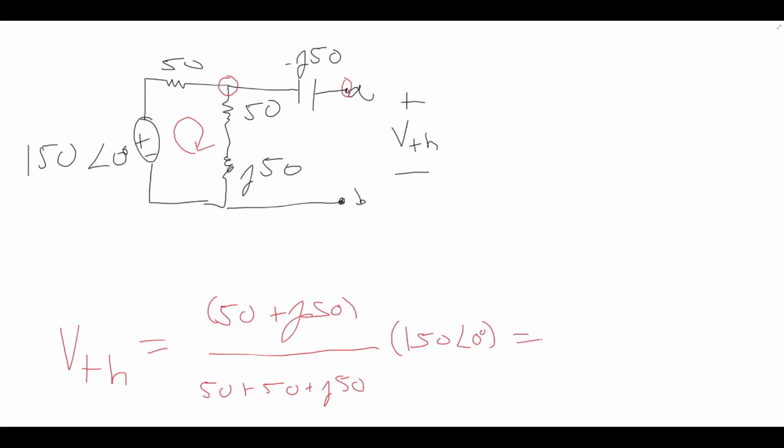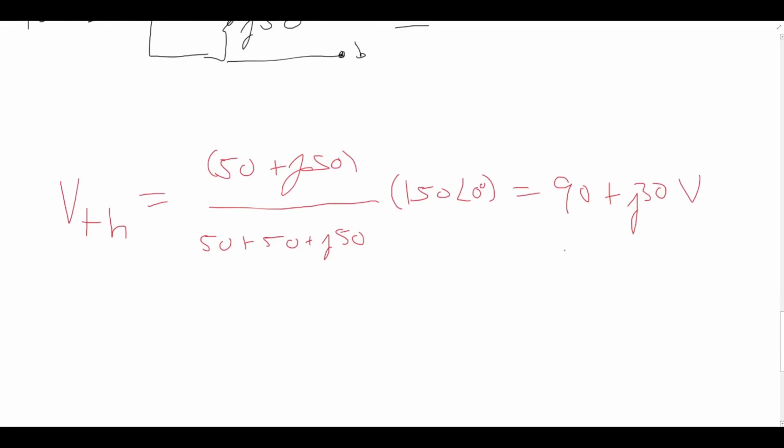That will give us 90 plus 30J volts. For this equation, we are going to leave it in its complex form because we do not need to find its phasor.